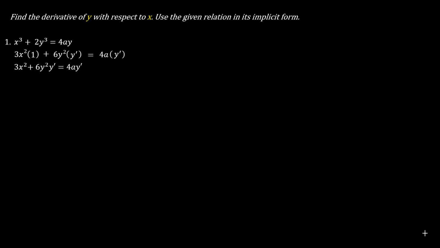Transpose 4a y prime from the right side to the left side of the equation. Therefore, 6y squared y prime minus 4a y prime is equal to, transpose also 3x squared to the right side of the equation, and that becomes negative 3x squared. Factor y prime.